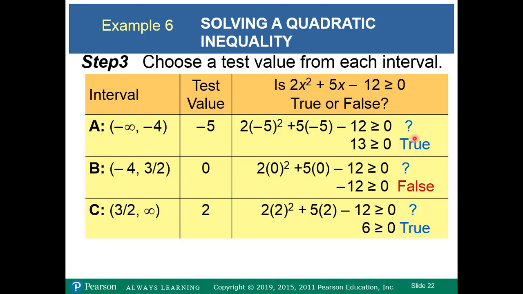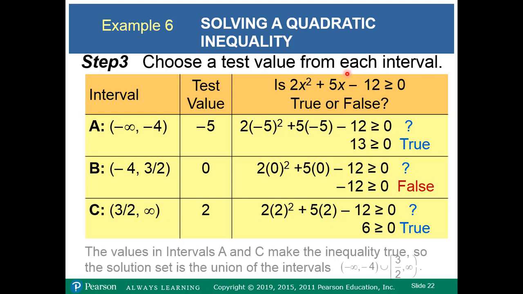So now we've got two intervals that satisfy the given quadratic inequality. The way we write our solution set is with a union, because the values of intervals A and C make the inequality true. We take both of those intervals and put them together.